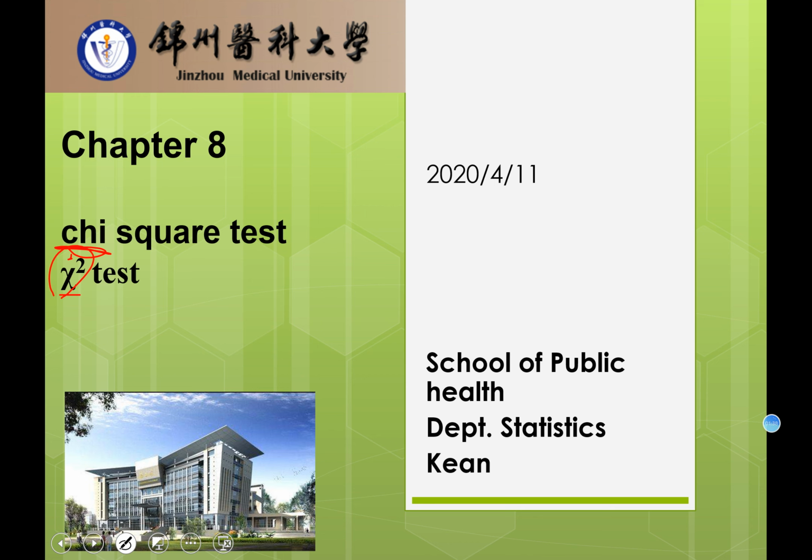For the ordinal data, we can use rank sum test. But how can we do with the data of categorical data? When we meet data consisting of categorical data, we need to use the method of chi-square test.